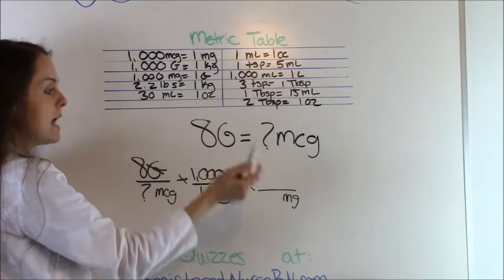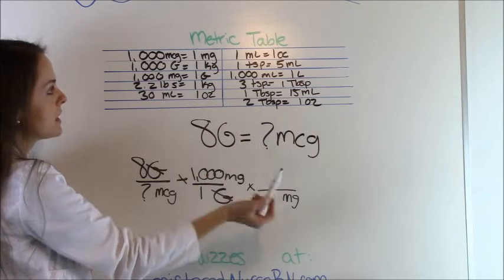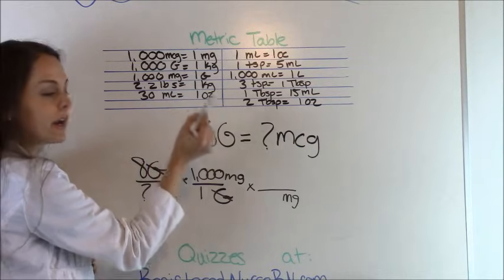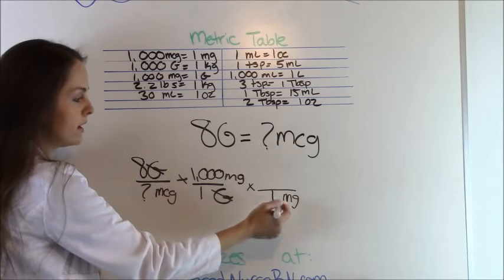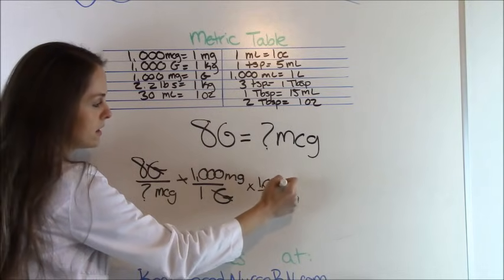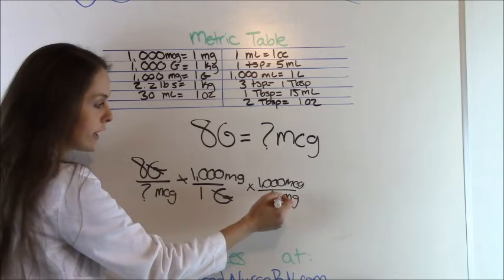So let's see if we can find on the table if something will equal micrograms. We do. We see 1 milligram equals 1,000 micrograms. So we're going to write 1, and it equals 1,000 micrograms, and write 1,000 micrograms. And we're going to cancel out our milligrams.